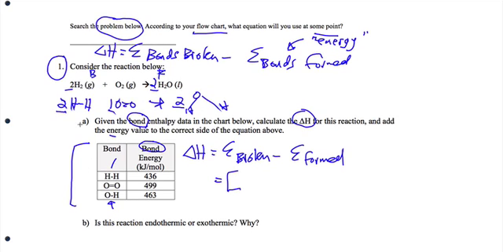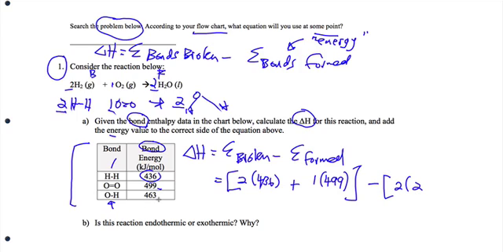So the broken, we have 2 times 436 plus 1 times 499, the formed minus 2 times 2 OHs at 463 each.